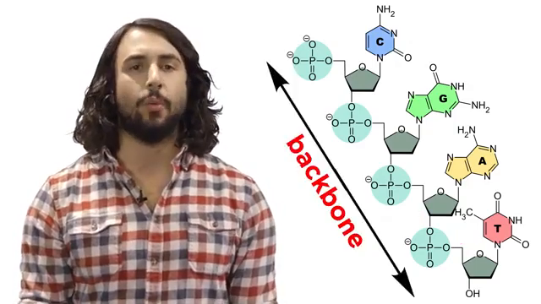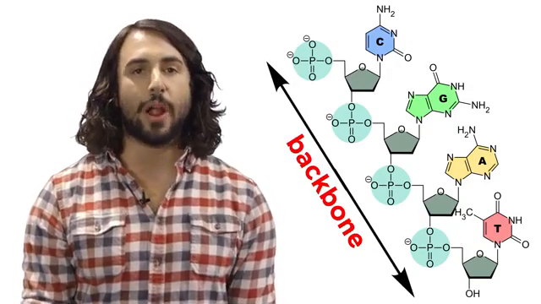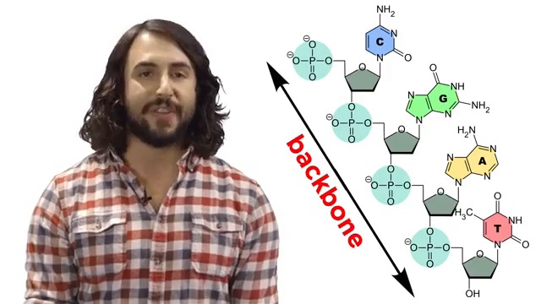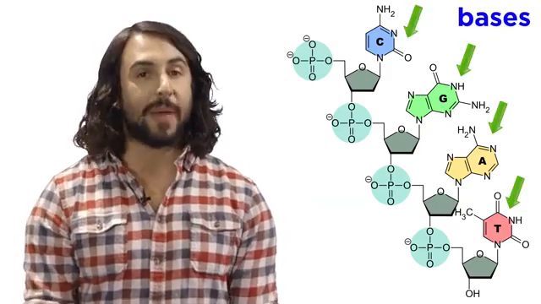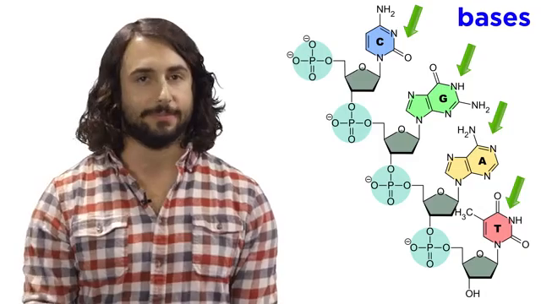As these come together, we can see that there is a backbone comprised of identical sugars and phosphate groups with the varying bases protruding from the chain. In this way, we can list the sequence of bases, like GCAT, just the way we list the primary structure of a protein when we list the sequence of amino acids.